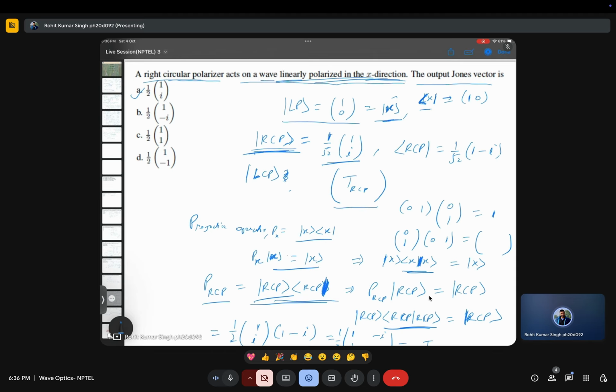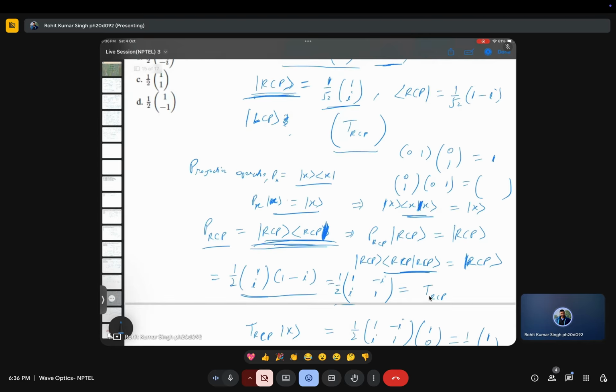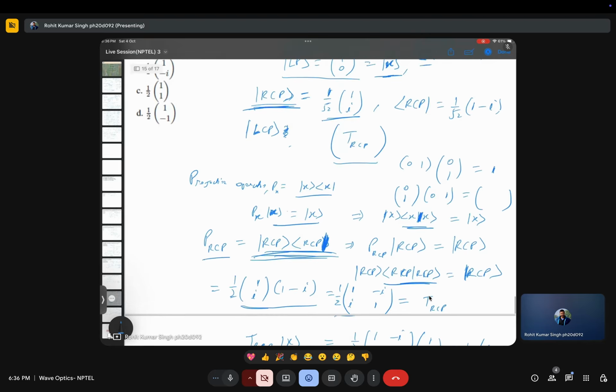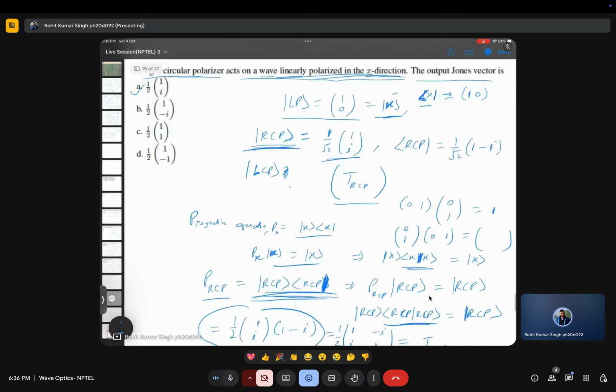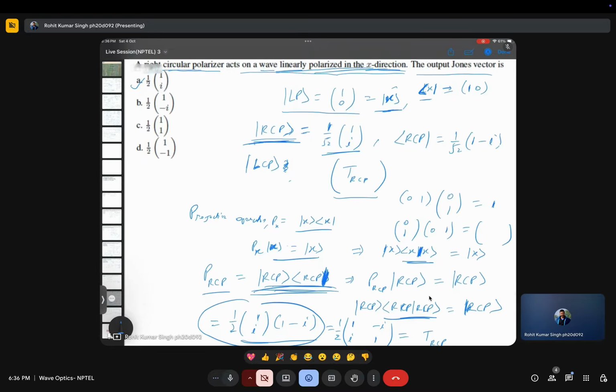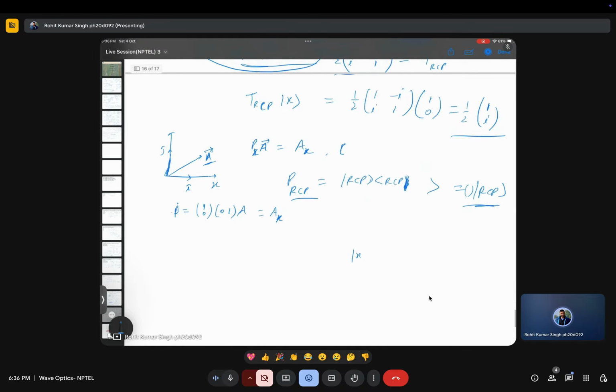then you can construct the matrix using this formula, which is just the matrix multiplication like this. So this will be the Jones matrix for your state of polarization. You can construct this for any state. Suppose someone asks what will be the Jones matrix for this state of polarization.